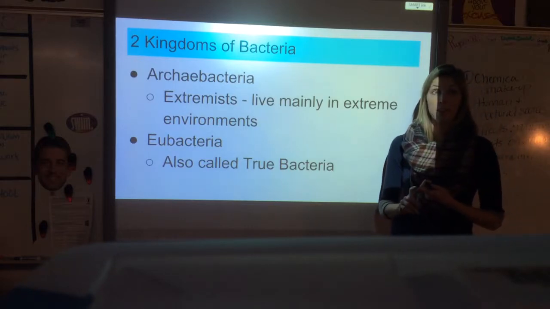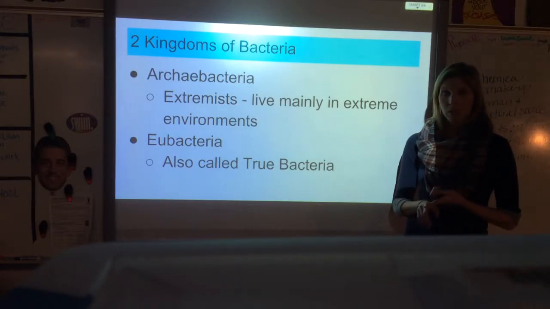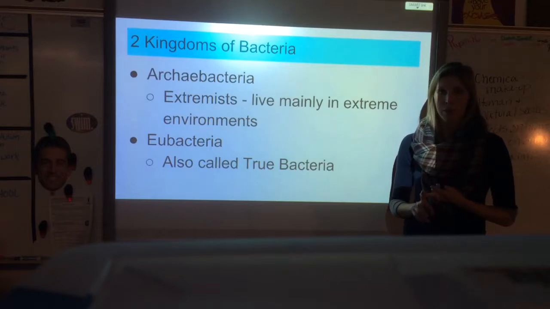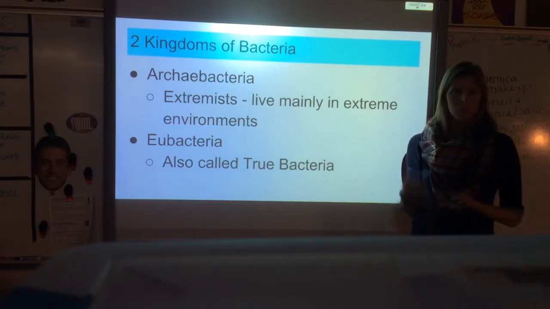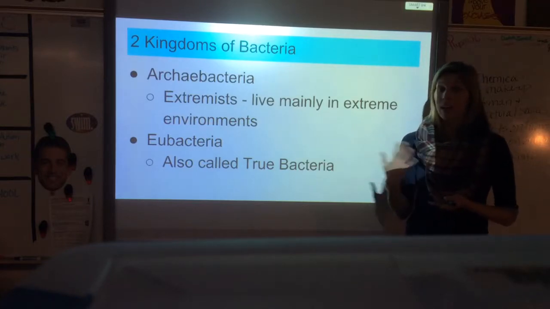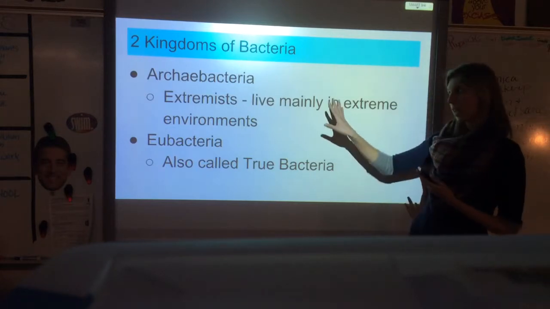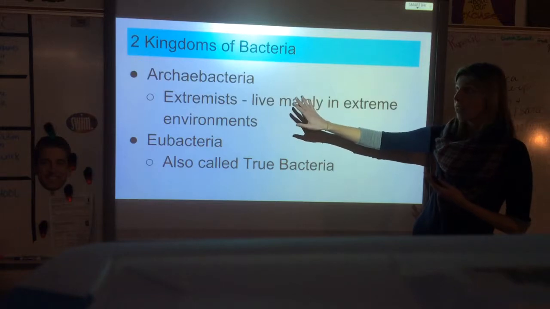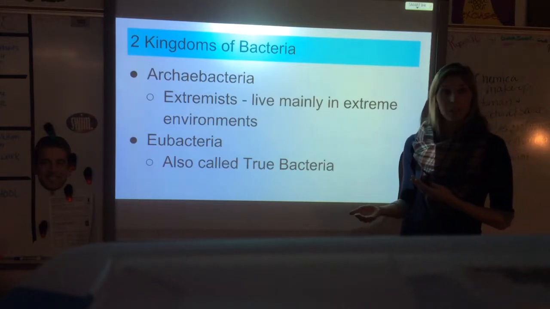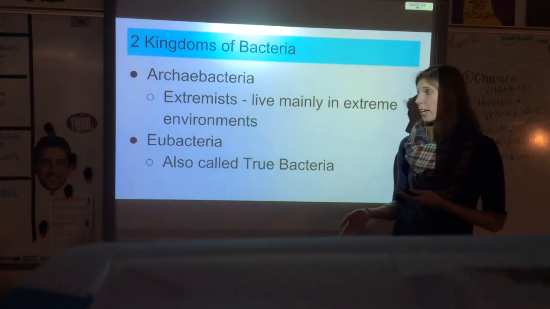So maybe they like very hot environments, or very acidic environments, or environments where it's very salty. Things that normal organisms cannot withstand, these types of bacteria can. Because of that, they get their own kingdom, which is the archaea bacteria kingdom.